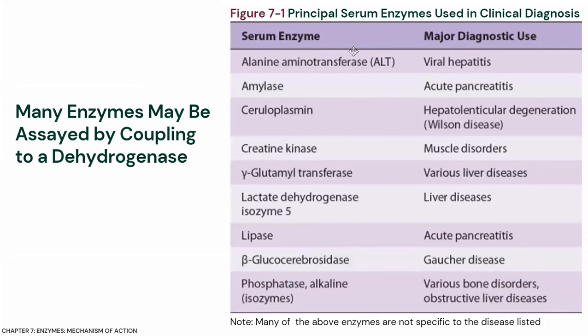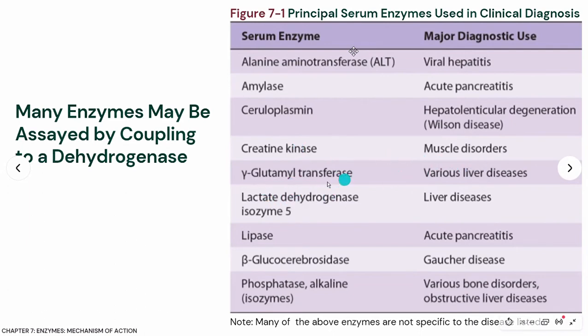So many enzymes may be used to diagnose. Like for example, ALT or alanine aminotransferase is diagnostic for viral hepatitis. Amylase for acute pancreatitis. Ceruloplasmin, Wilson's disease. Creatine kinase, muscle disorder.